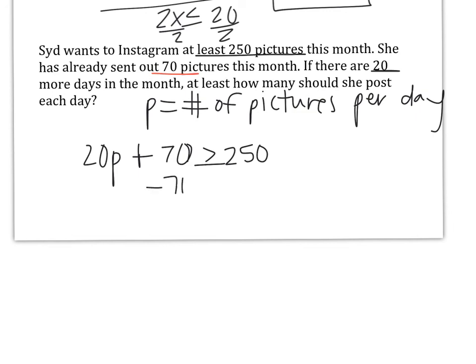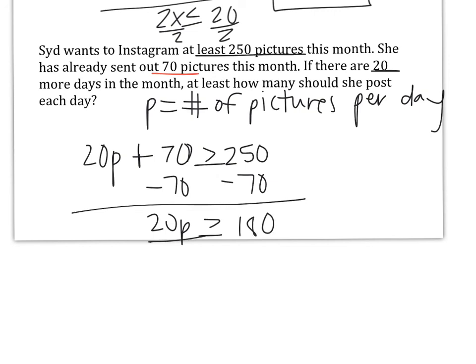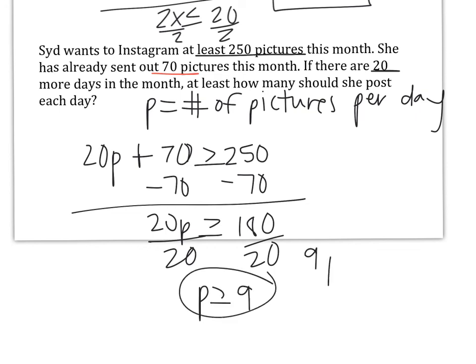So now if we solve this for p, subtract 70, 20p is greater than or equal to 180, divide by 20. So p is greater than or equal to 9. So that means she must post at least 9 pictures per day for the rest of the 20 days of the month.